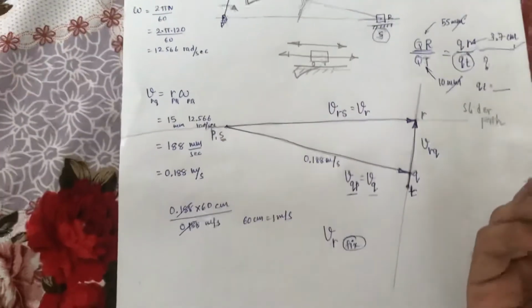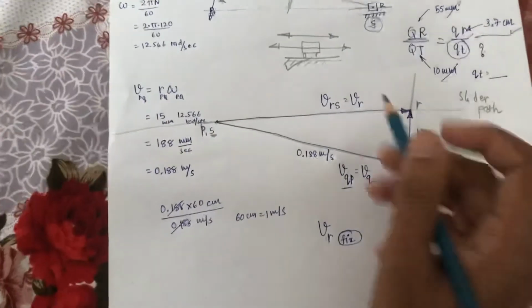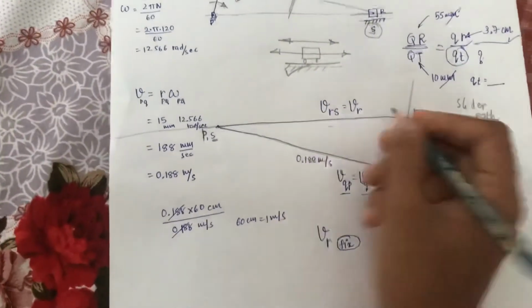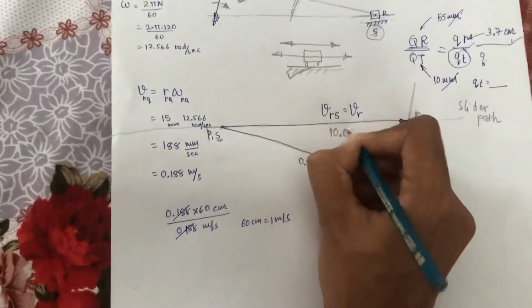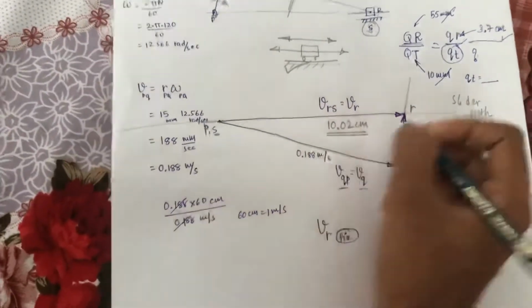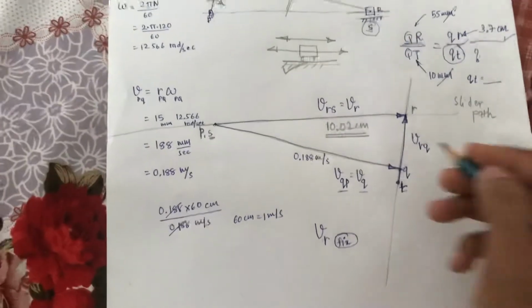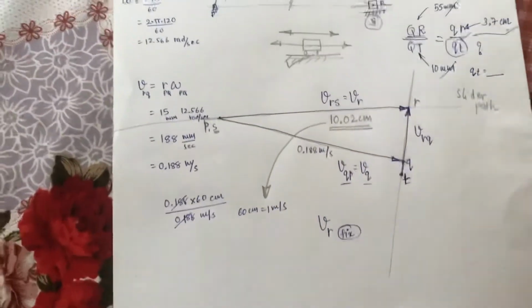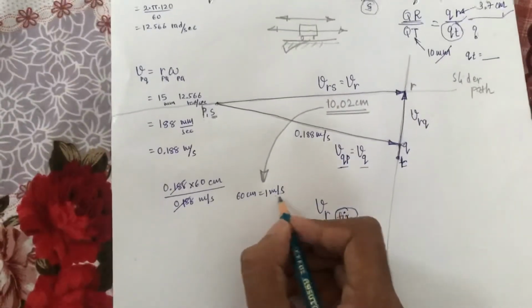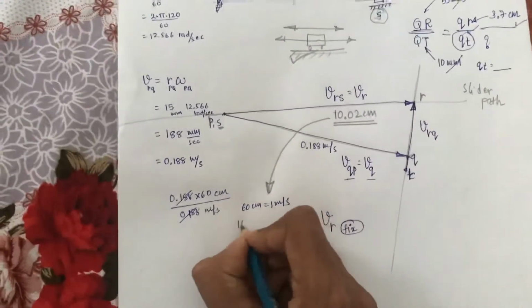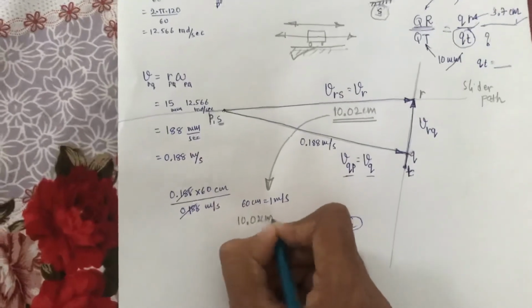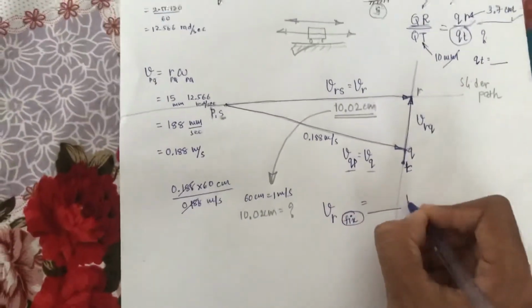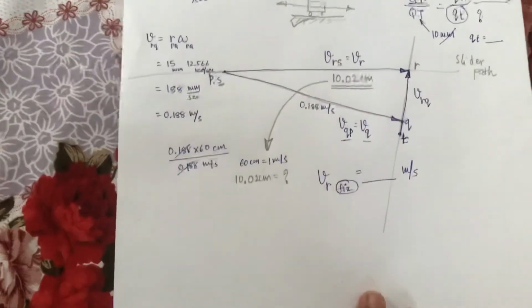Let us say, it is only an example, the measurement you will have is 10.02 centimeter using the scale. Now convert into the velocity scale, that is 60 centimeter equal to 1 meter per second. So 10.02 centimeter equals how much meter per second? That will be your answer in meter per second.